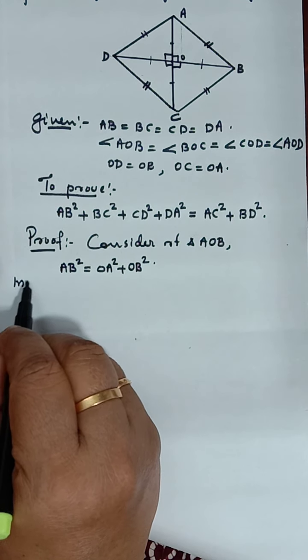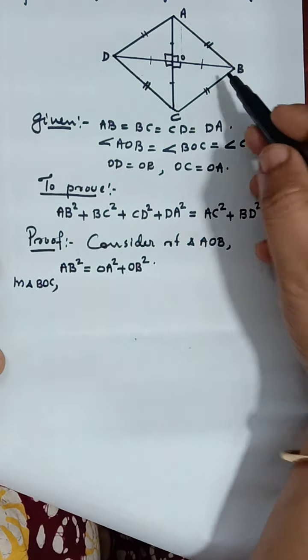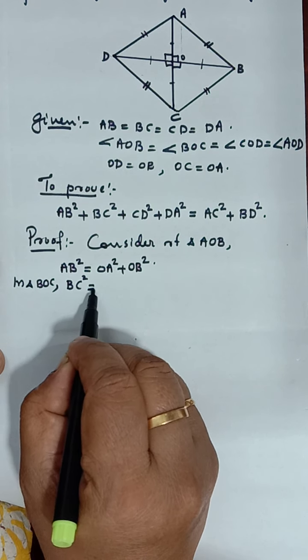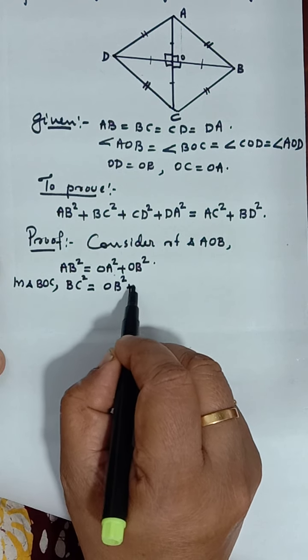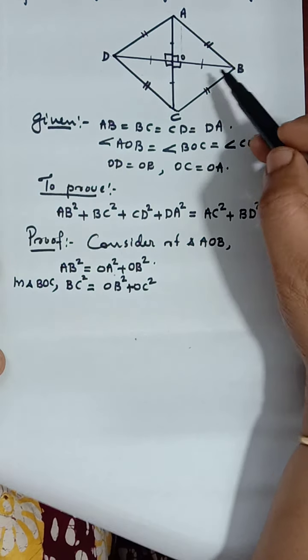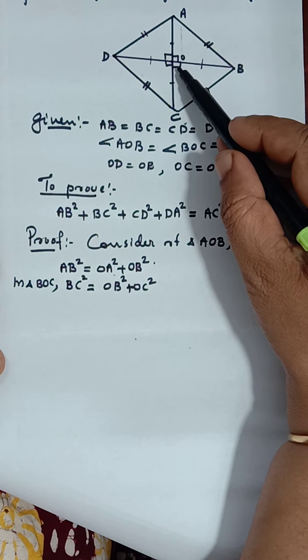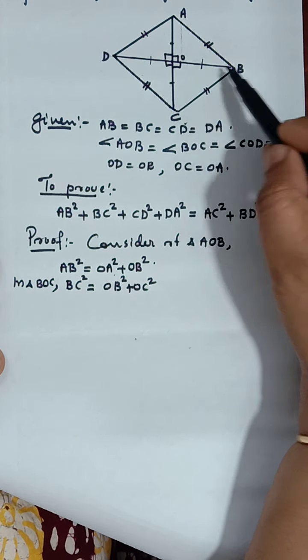Similarly, in triangle BOC, BC square is equal to OB square plus OC square. That is, in triangle BOC, the right angle's opposite side is the hypotenuse, so BC square is equal to OC square plus OB square.